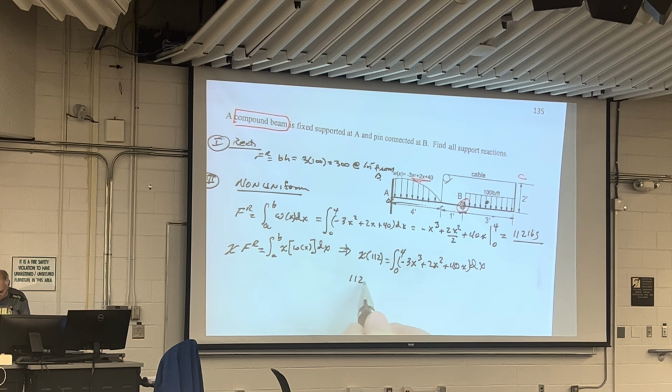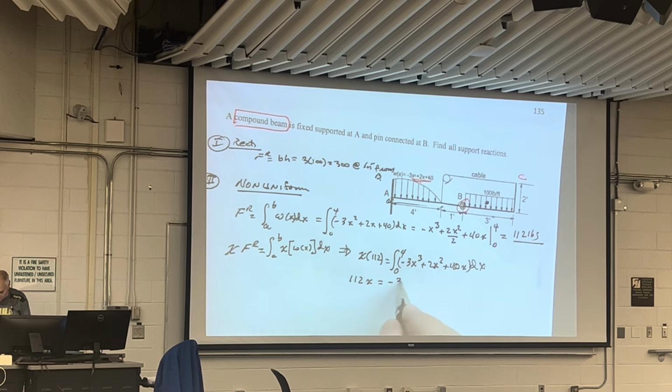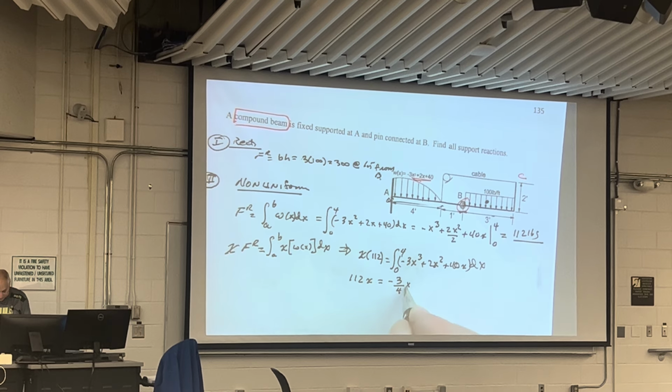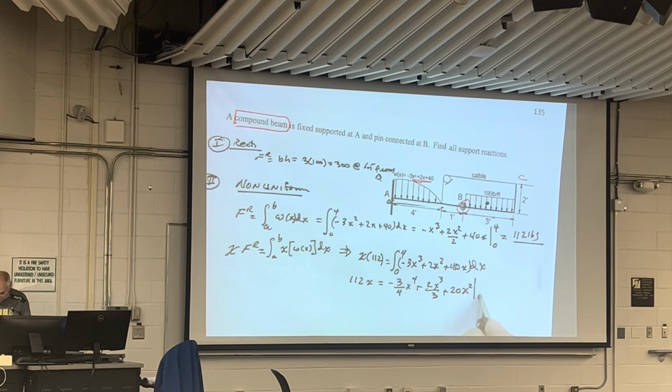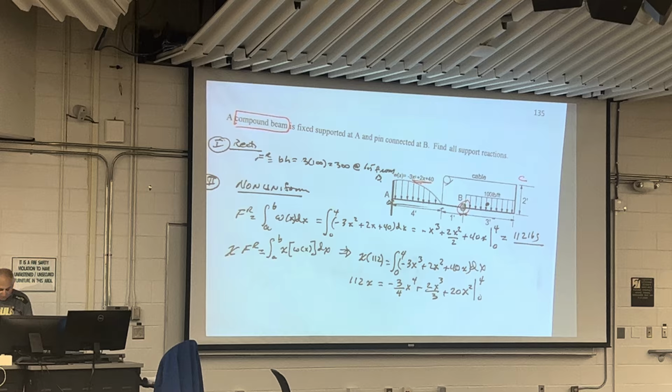That's 112 x is equal to minus 3 over 4 x to the 4th plus 2 over 3 x cubed plus 20 x squared, evaluated from 0 to 4.